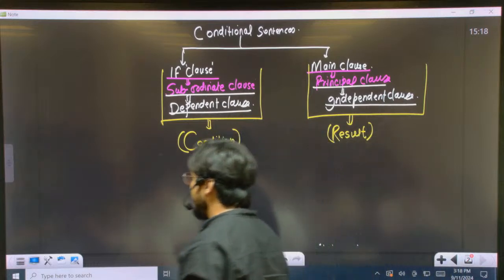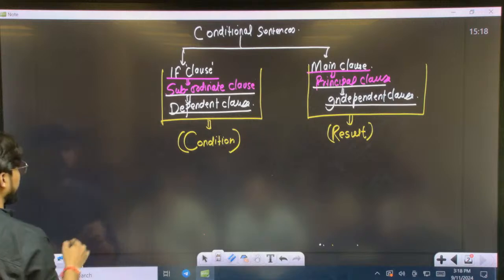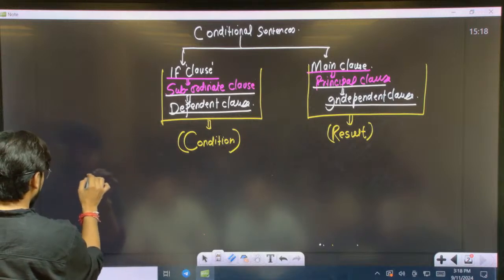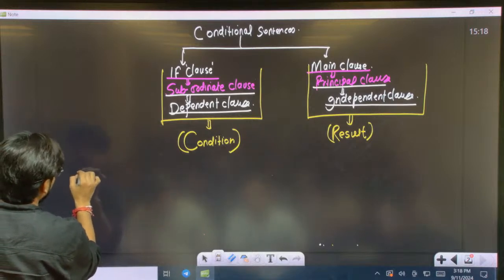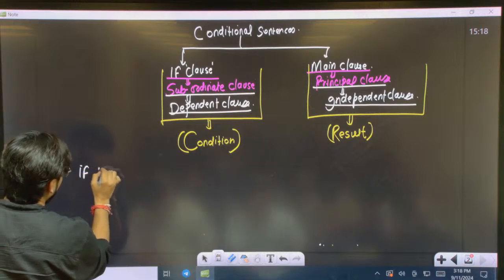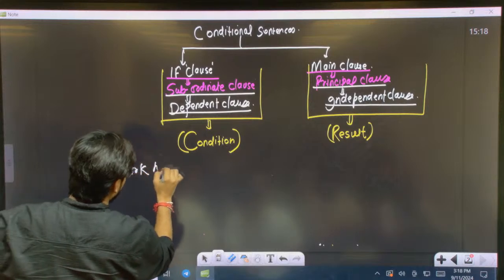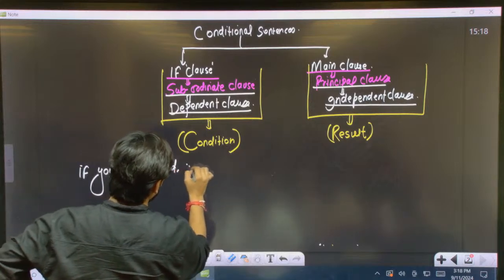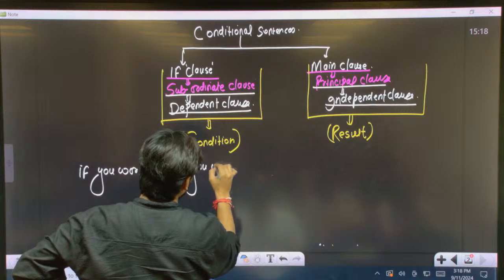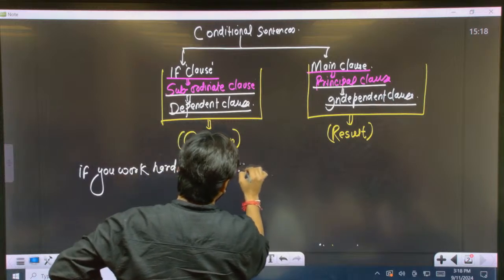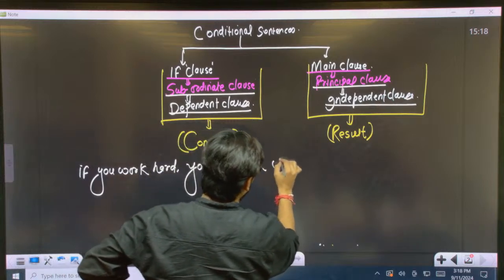Now come to that question which I just taught you at the starting. Question number 1 was: if you work hard, you will crack UPSC.